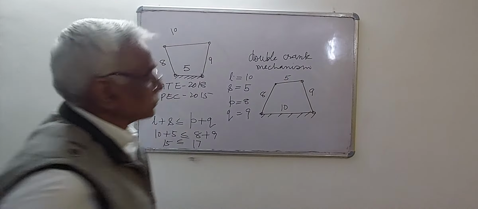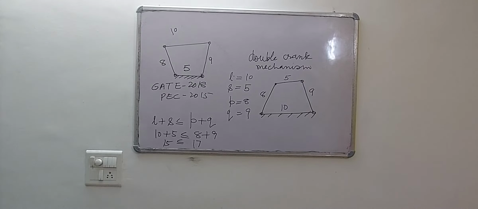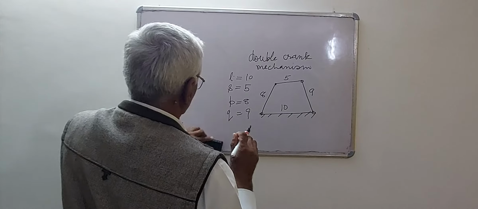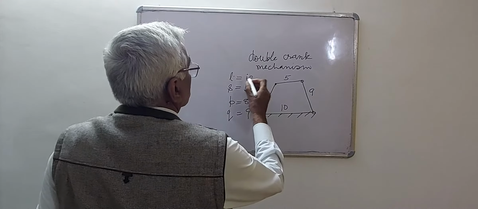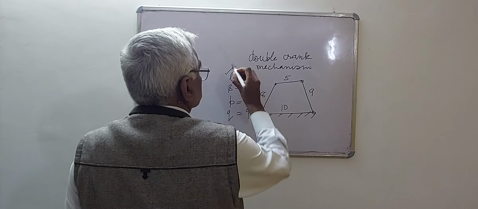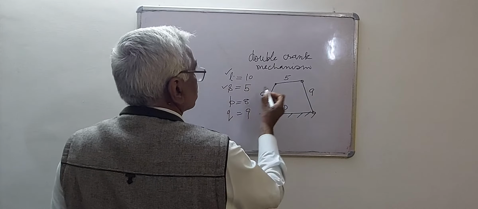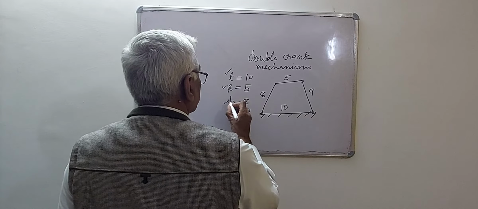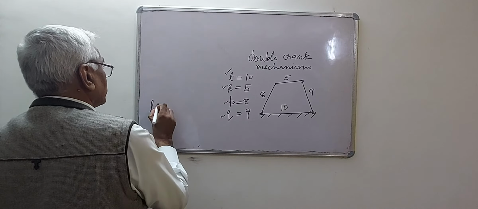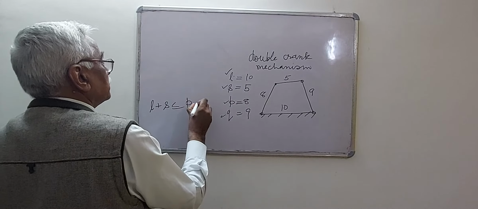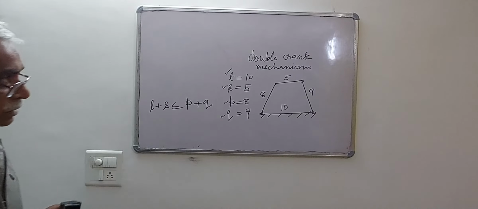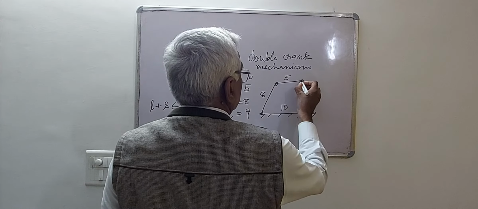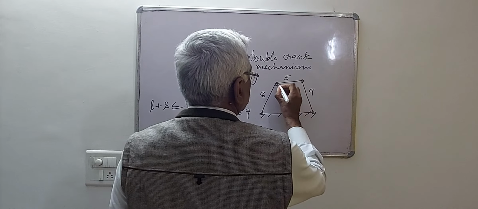In this particular case, the longest link L is equal to 10, the shortest link is 5, and the remaining two links are 8 and 9. The condition L plus S is less than or equal to P plus Q is satisfied, so it is a Grashof link, and the shortest link, 5, is the coupler.